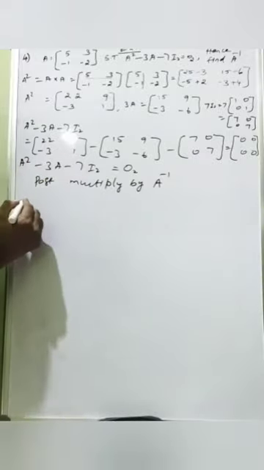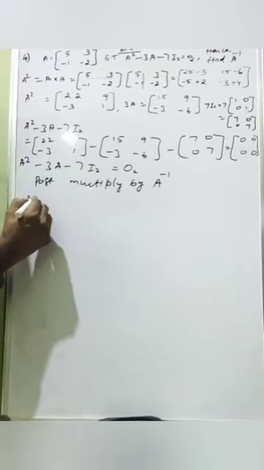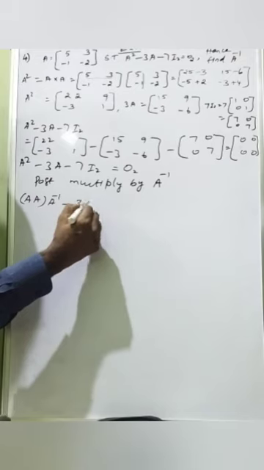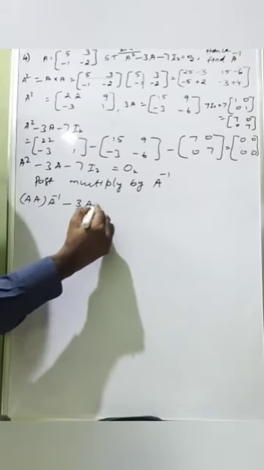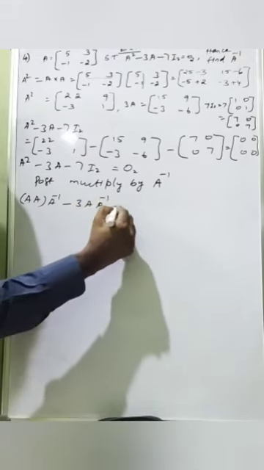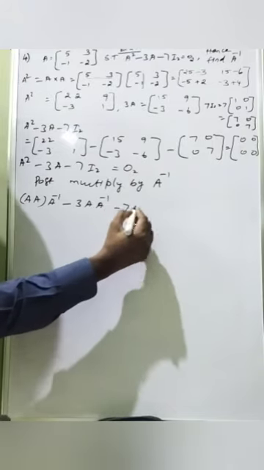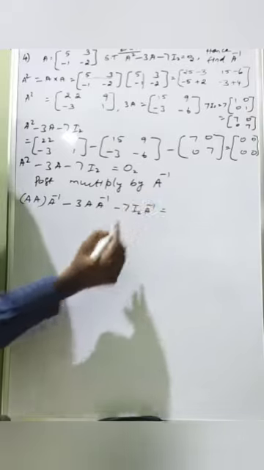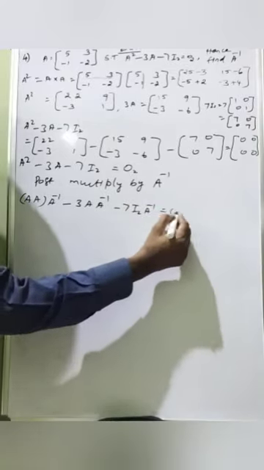We have to write A inverse on both sides, post multiplied. So A square we can write A into A inverse, minus 3A into A inverse, minus 7 I2 into A inverse, equal to 0 into A inverse, which is 0.